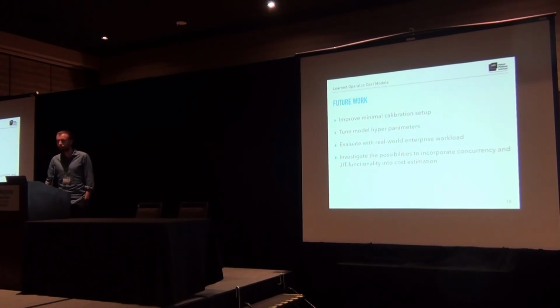I think we can improve the model performance by applying some hyperparameter tuning. We want to evaluate our cost models with real-world enterprise workload we have access to, and in the end we want to investigate if we can incorporate concurrency in our cost estimations and predict concurrently running queries. Thank you for your attention.